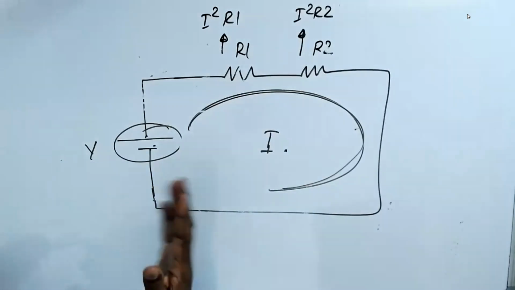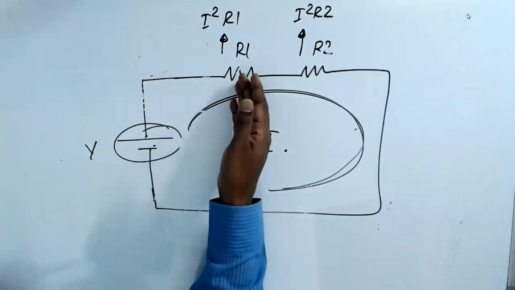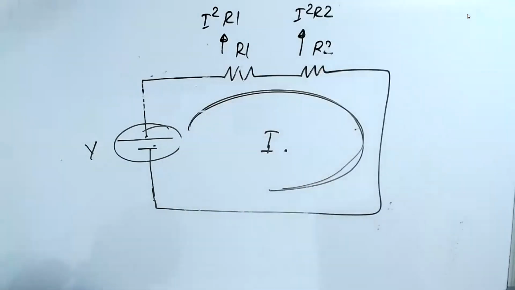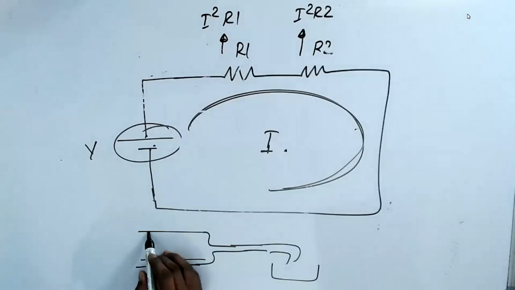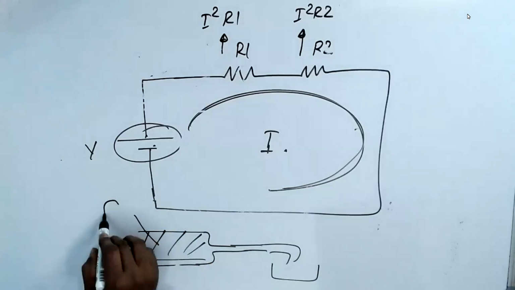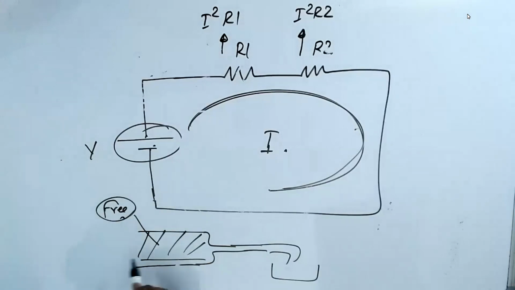The values can be anything. One may give less resistance, one may give more, it doesn't matter. For example, I have a big tube and a small tube, and the water goes here. The water could be less here, with more space free, because it's a big tube, whereas here it could be fully occupied, because it's a smaller tube. But the flow of water will be the same.